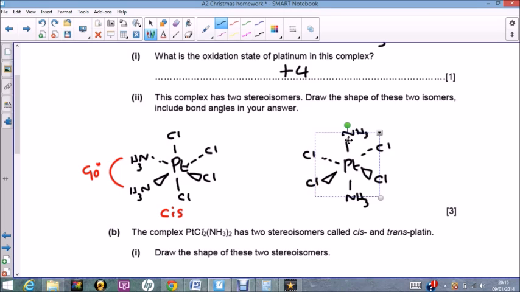And in this example, the 2 similar groups are 180 degrees apart, so this one would be trans. It says include bond angles, so the bond angle in an octahedral complex is 90, so I'm going to leave that there. So I'll get marks, 1 for the bond angle, 1 for this complex, and 1 for the trans complex.